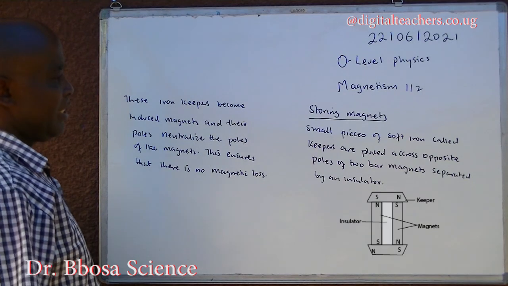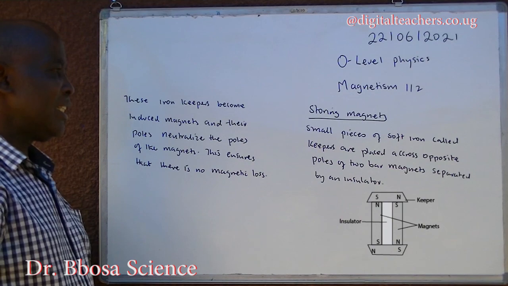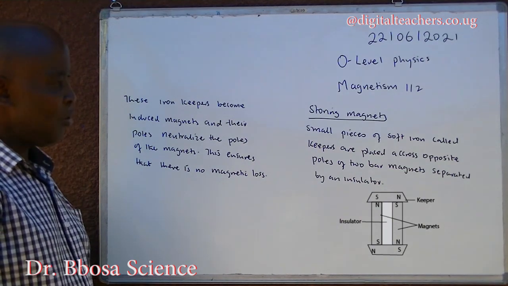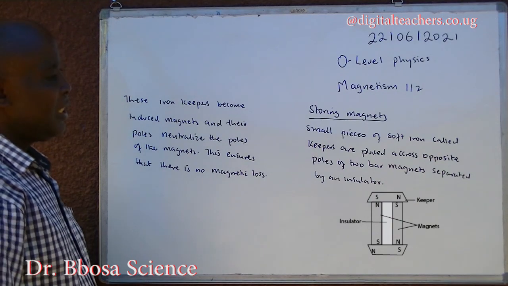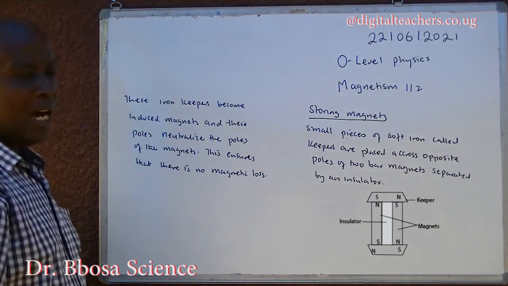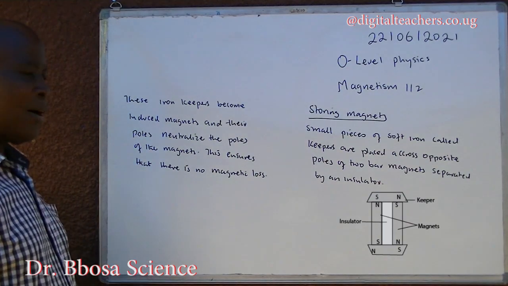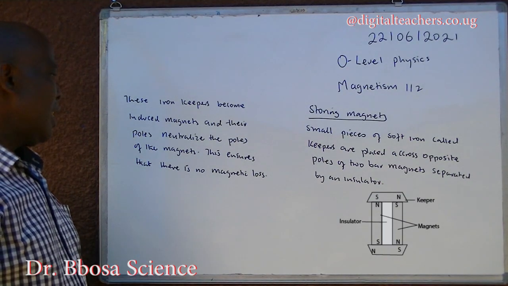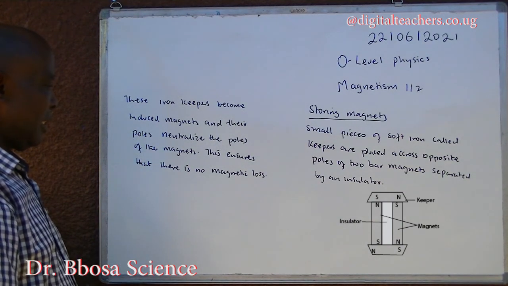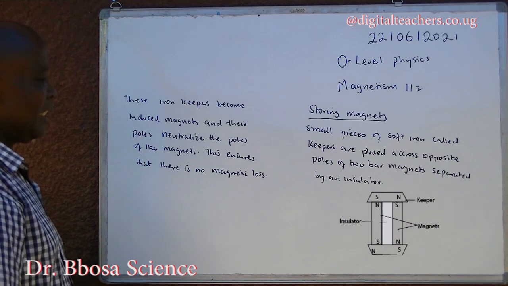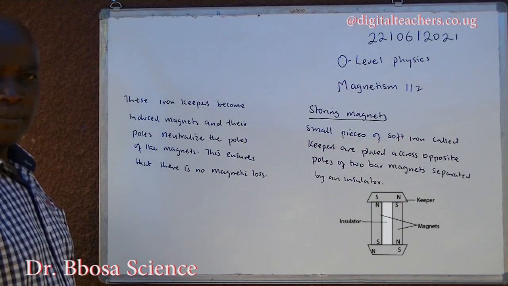Storing magnets: small pieces of soft iron called keepers are placed across opposite poles of two bar magnets separated by an insulator. These iron keepers become induced magnets and their poles neutralize the poles of the magnets. This ensures that there is no magnetic loss.